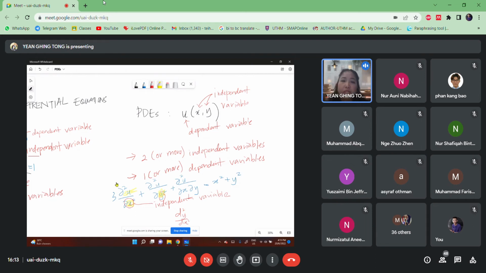Usually, if I want to read this, I will read it as second partial of u with respect to x. And if this is only the first derivative, del u over del y, it is the partial derivative with respect to y. PDE means partial differential equation. It is the same as dy/dx that you learned in chapter 5, numerical differentiation, first derivative, second derivative.